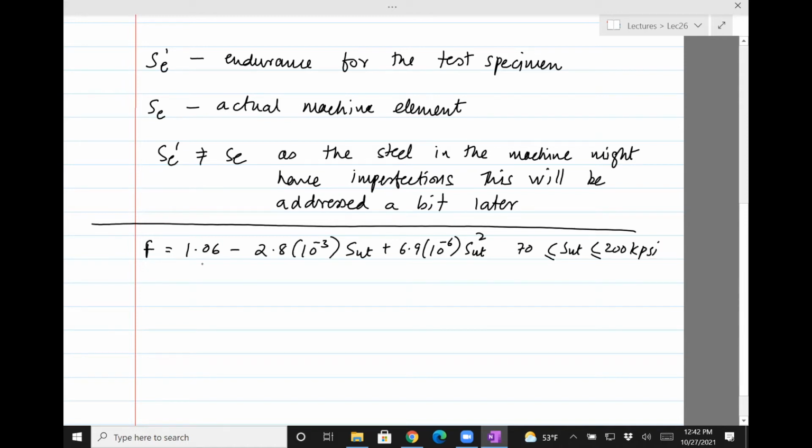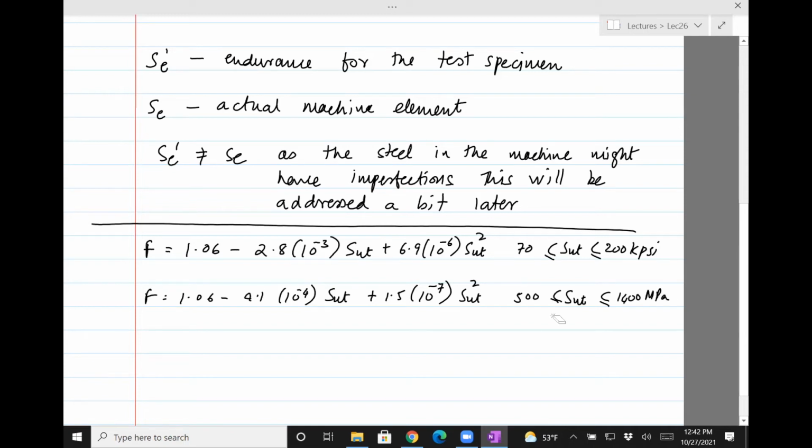So this is the IPS unit. And if you want to go SI, then it's 1.06 minus 4.1 10 raised to negative 4 SUT plus 1.5 10 raised to negative 7 SUT square. And this is if stress is between 500 and 1400 MPa.